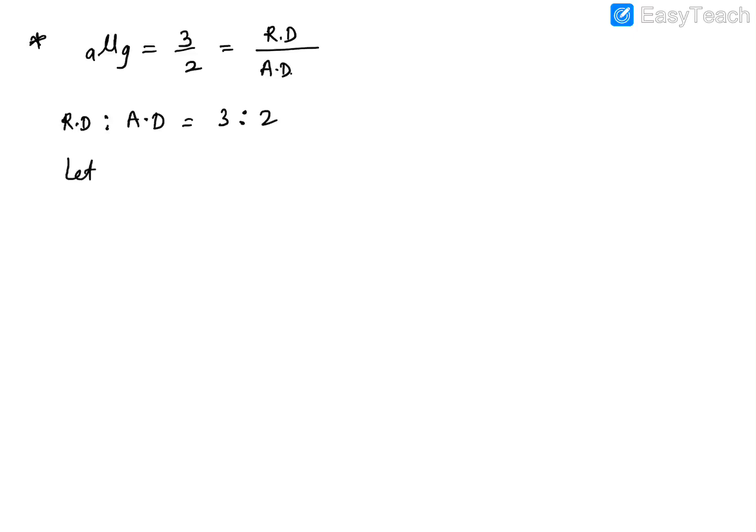For example, let the real depth be 30 centimeter. Then the apparent depth is 20 centimeter, because then the ratio is 3:2. The shift produced is the difference, 10 centimeter. That's the shift.